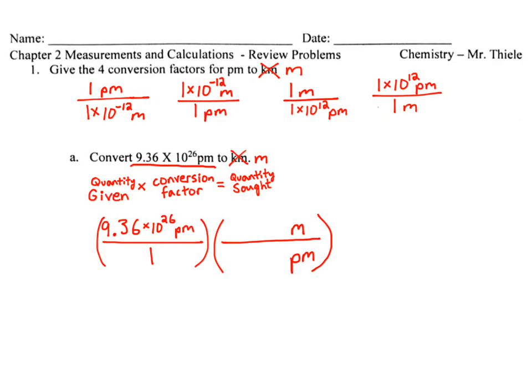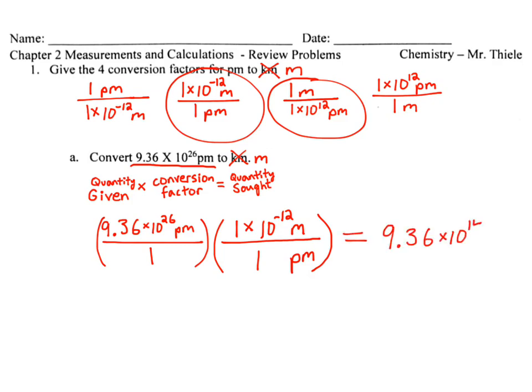So we look at our 4 conversion factors at the top, and we see that the 2 in the middle, 1 times 10 to the negative 12 meters over 1 picometer, or 1 meter over 1 times 10 to the 12th picometers, both give us meters in the numerator and picometers in the denominator, which is what we need to cancel out picometers. So we can choose one of these. I'm going to choose 1 times 10 to the negative 12 meters over 1 picometer.